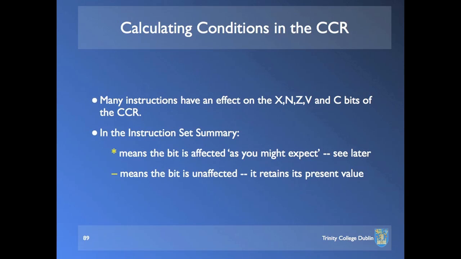How do you cause the machine to calculate conditions and put them in the condition code register? Well, it's a property of every complex instruction set computer, as I said before, that most of its instructions will have an effect on the condition code register. If it was a RISC machine, most RISC machine instructions will not have any effect on the condition code register.